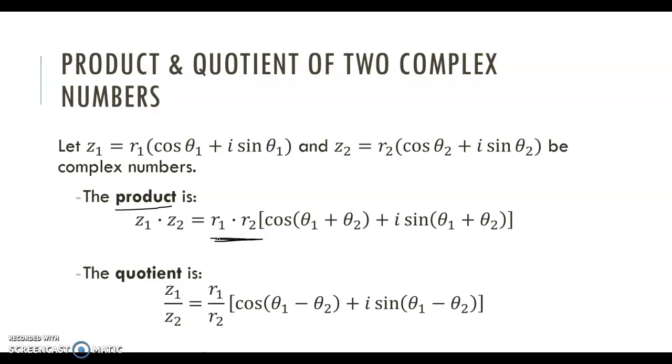You're going to multiply their r values, and then you're going to add their theta values, okay? In order to find the quotient, or when you're dividing, we are going to divide their r values, first divided by the second, and then we are going to subtract their theta values. Okay, so let's do a couple examples with that.